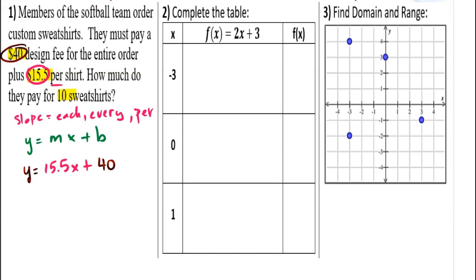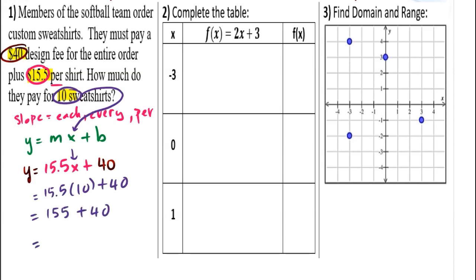They ask how much this costs for 10 sweatshirts, so all we have to do is plug in 10 for x. That gives 15.5 times 10 plus 40. 15.5 times 10 is 155 plus 40. Then combining like terms gives $195 in total. So it costs $195 for 10 sweatshirts.